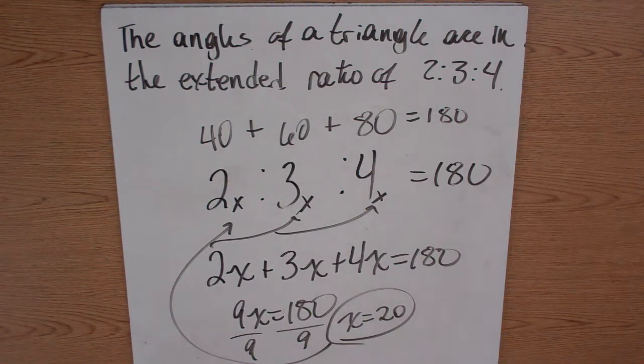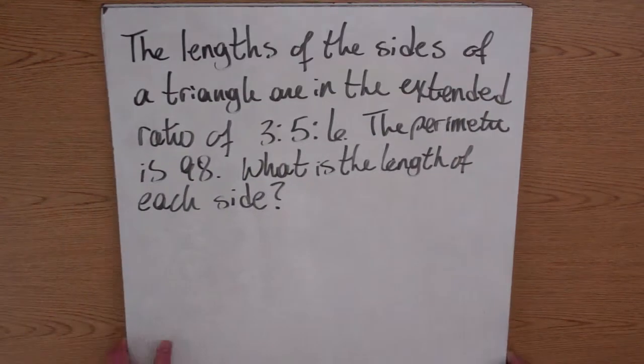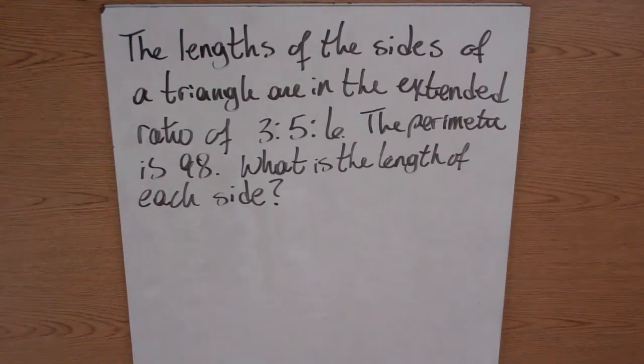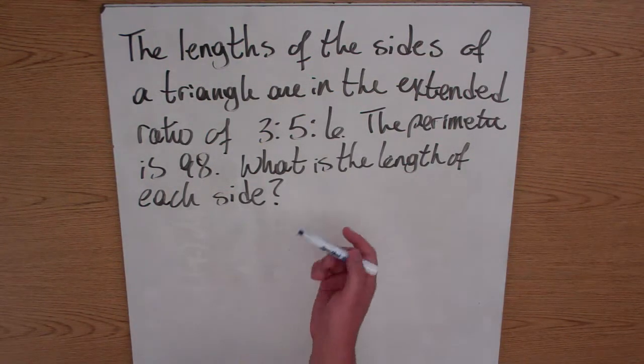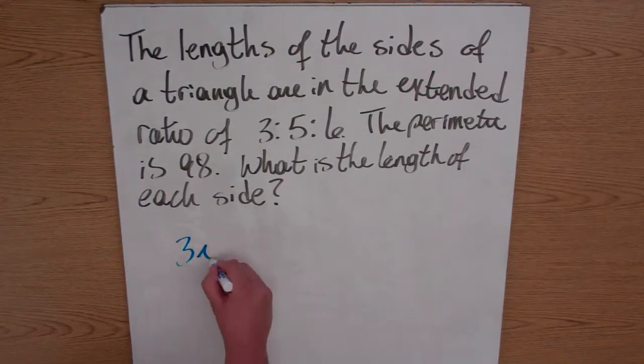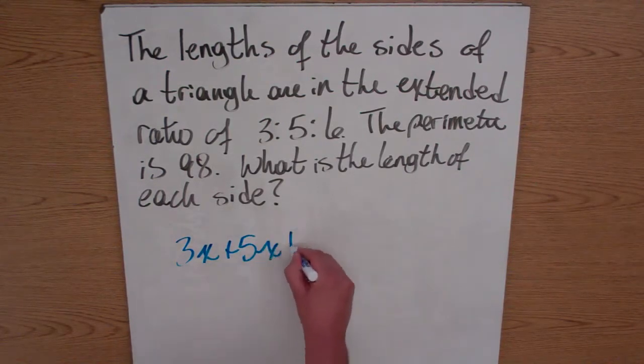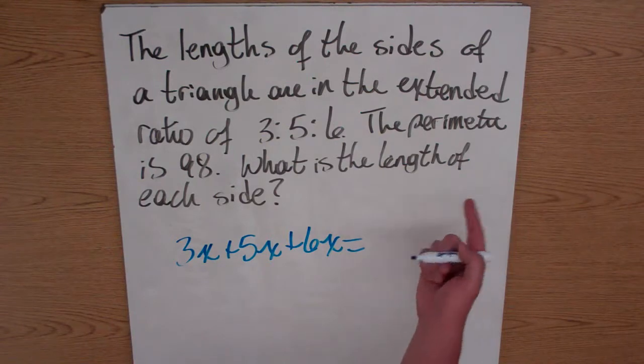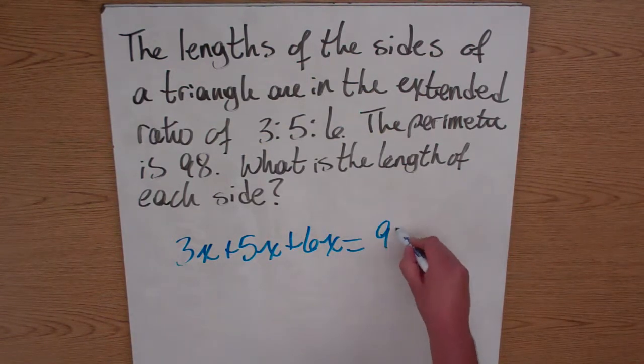All right, let's look at another problem. Here's another one. The lengths of the sides of a triangle are in the extended ratio of 3 to 5 to 6. The perimeter is 98. What is the length of each side? All right. So, we know the perimeter. So we know our ratio, 3, 5, 6. So we're just going to do 3x plus 5x plus 6x equals, and the perimeter is 98.